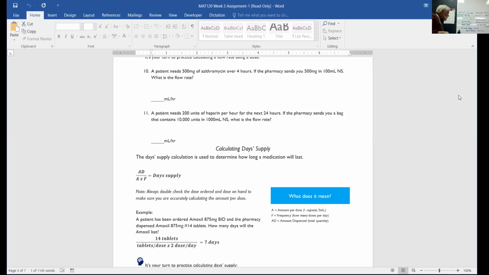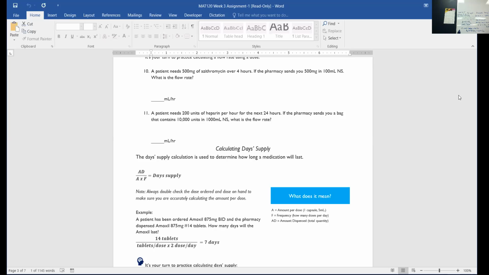Okay, so now we have to multiply. Anytime you have different weight units, you have to convert. So we're going to multiply 50 times 1,000 micrograms per milligram.